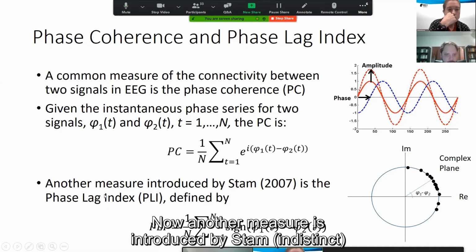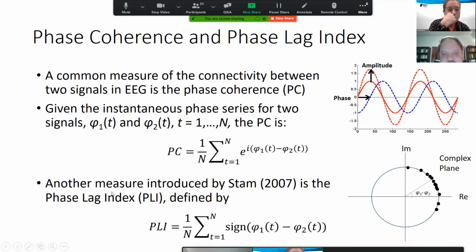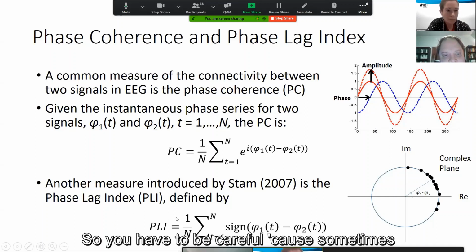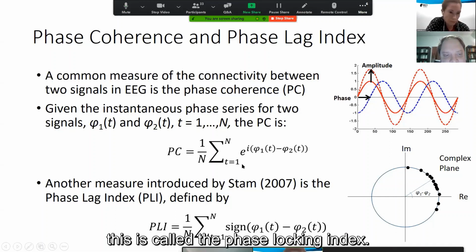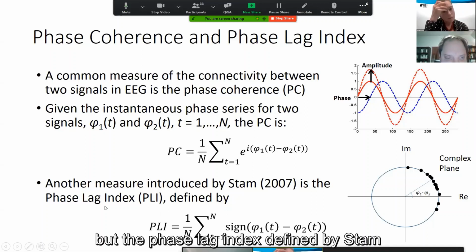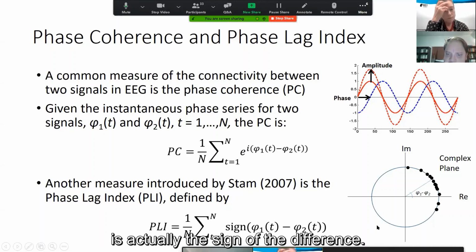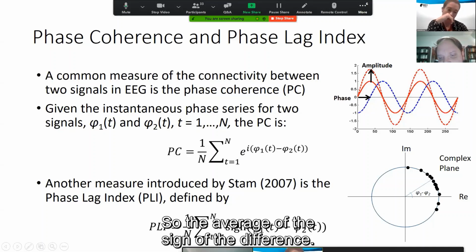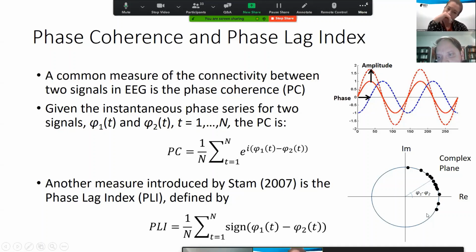Now, another measure is introduced by Stam. You have to be careful, because sometimes this is called the phase locking index. These acronyms aren't always used consistently, but the phase lag index defined by Stam is actually the average of the sign of the phase difference.